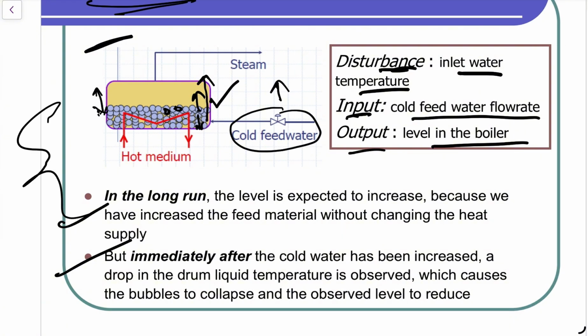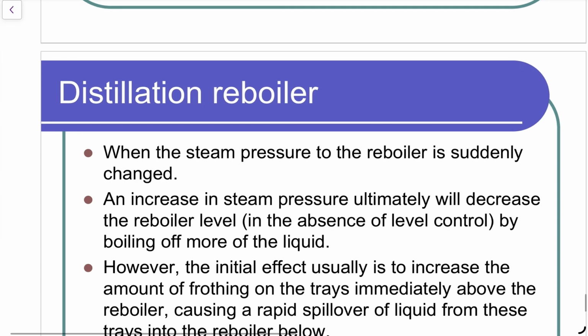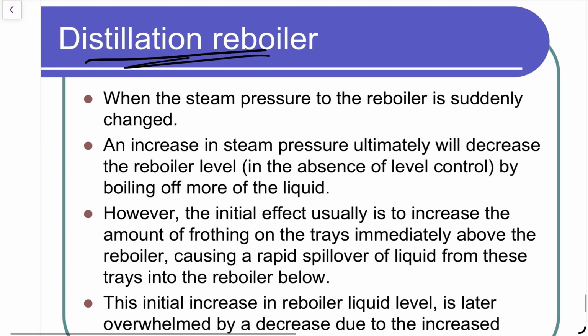Okay. Then the second example is the distillation reboiler. Here, suppose the pressure is increased, that means more heating is supplied. Finally, the liquid level decreases because more liquid is boiled into vapor.